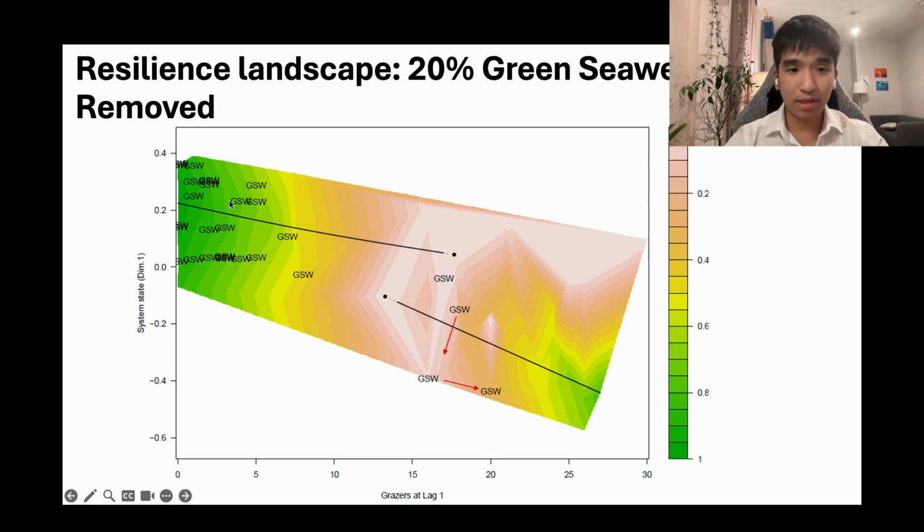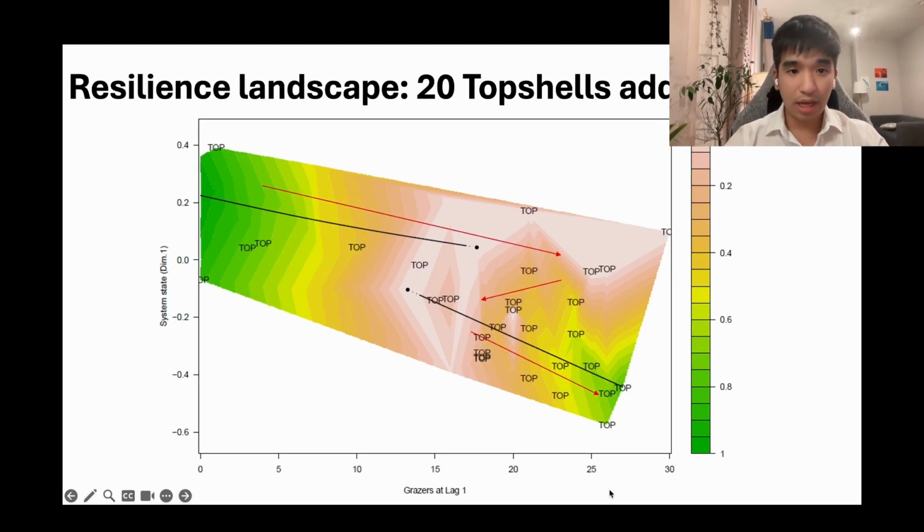And one of the replicates, with increased grazing pressure, goes down to the lower attractor. And lastly, we had 20 top shells added. They all initially start around in the upper attractor. It overshoots and it falls back to the lower attractor, and they both start going downwards, making their way down to the lower attractor.